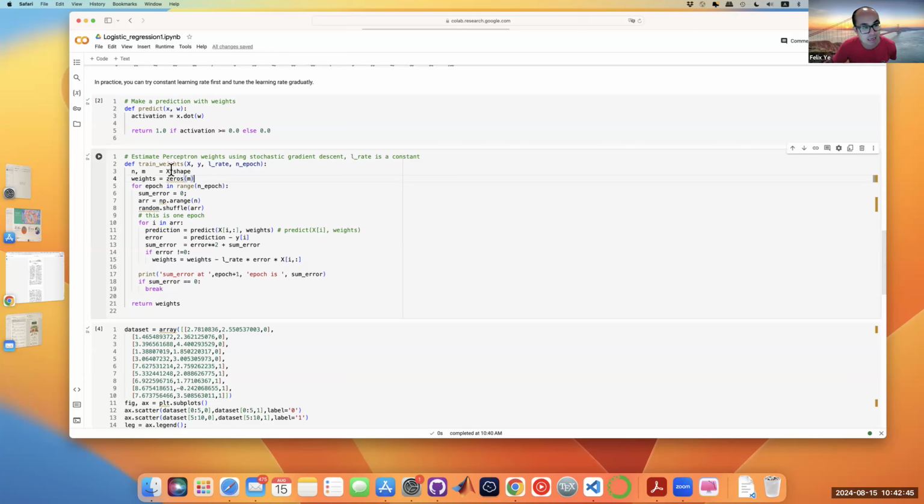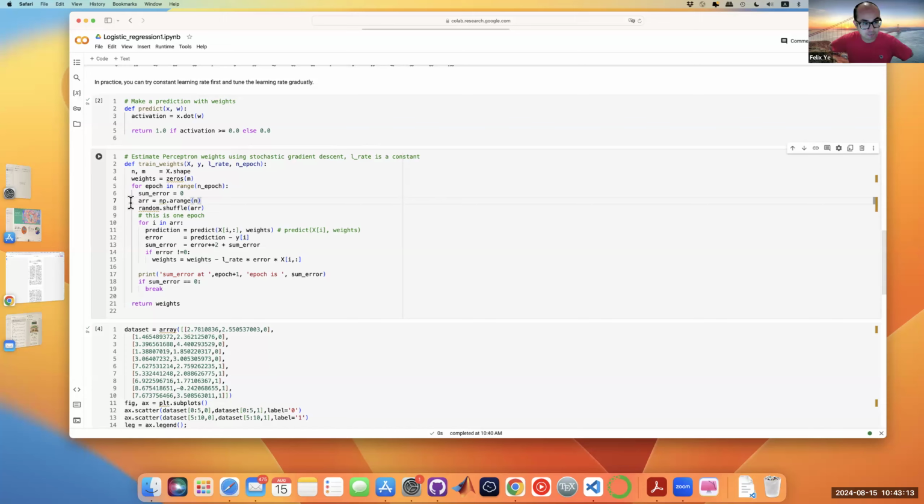We have this x that has the shape of n by m. And what we do is we are going to run the number of epochs that we have. We initialize the error. Then we're going to reshuffle the index. Instead of shuffling the x, we can also just reshuffle the index.